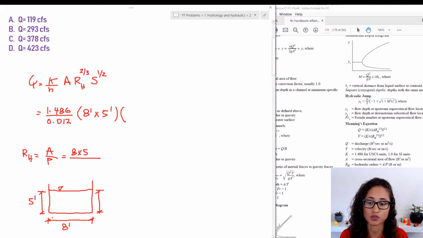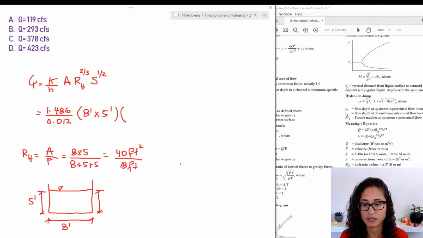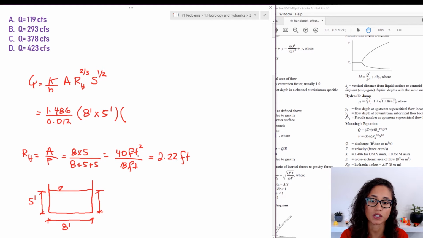So that's just going to be 8 feet plus 5 feet plus another 5 feet. So this is going to be 40 feet squared over 8 plus 5 plus 5, which is 18 feet. This should give you about 2.22, and this is just feet, because feet squared over feet cancels and you have feet left.